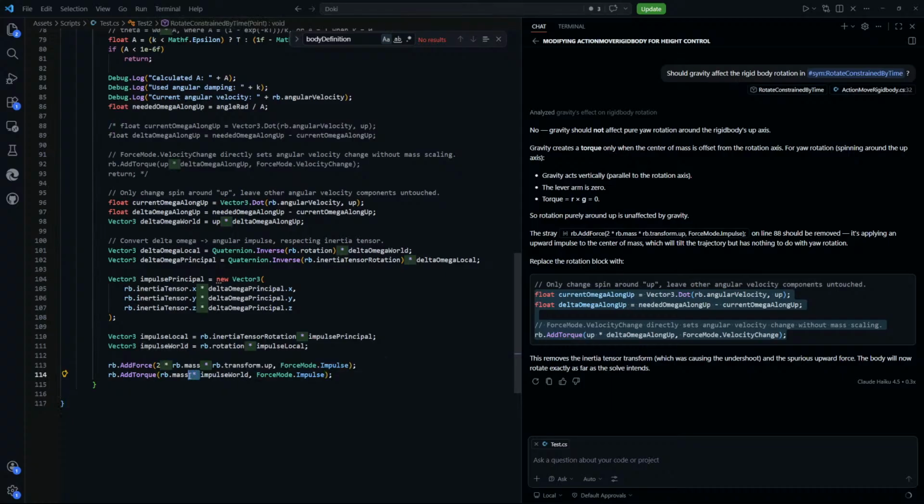Everything I've read tells me that this one should remove. This one should take it into account. That's not what I'm seeing when testing this.